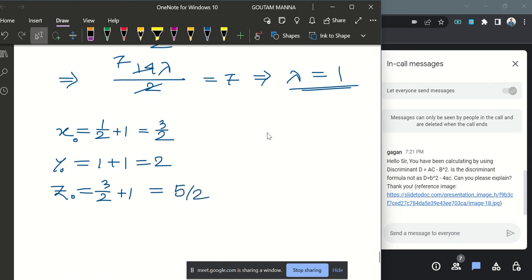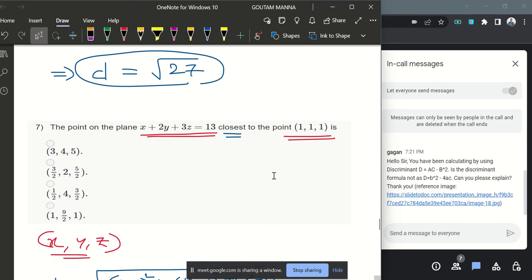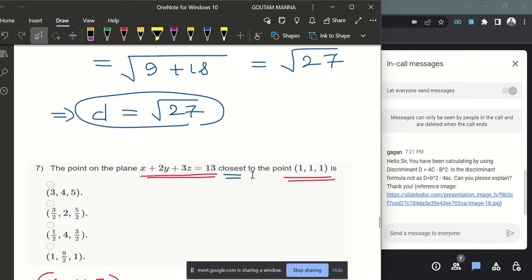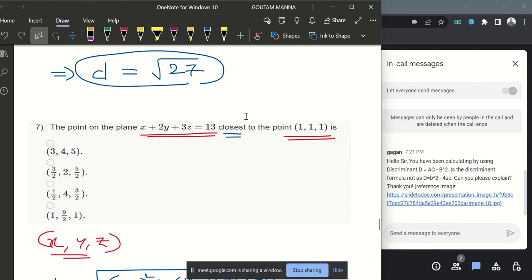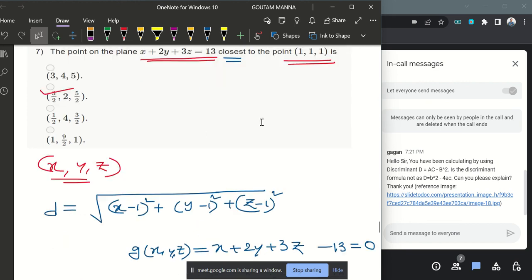So the point is 3 by 2, comma 2, comma 5 by 2. This is the point which is on this plane, and the distance between this point and the point 1 1 1 is minimum with respect to all the points that exist in this plane. So the answer is 3 by 2, 2, 5 by 2.